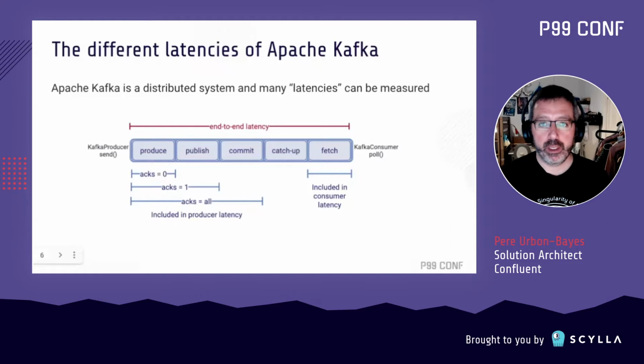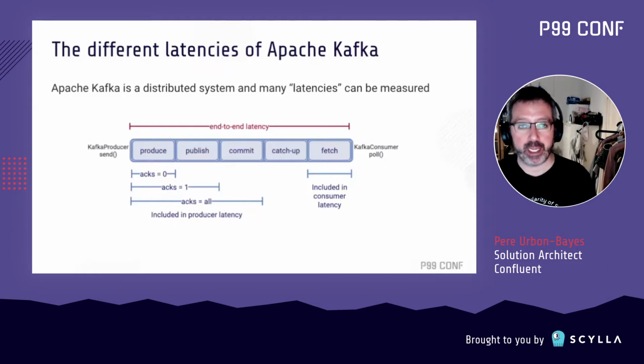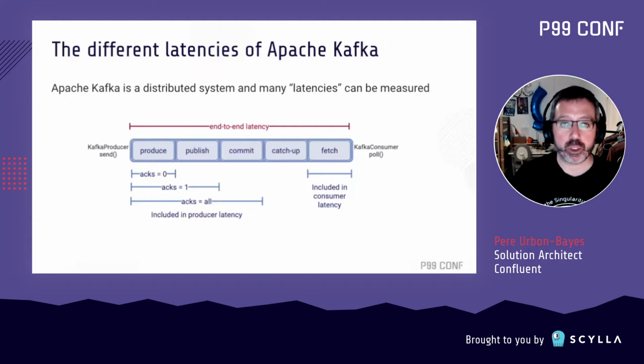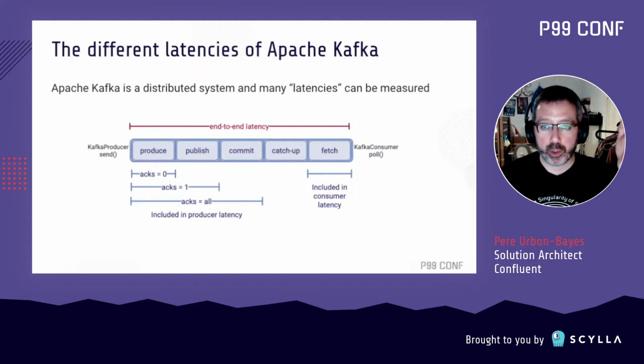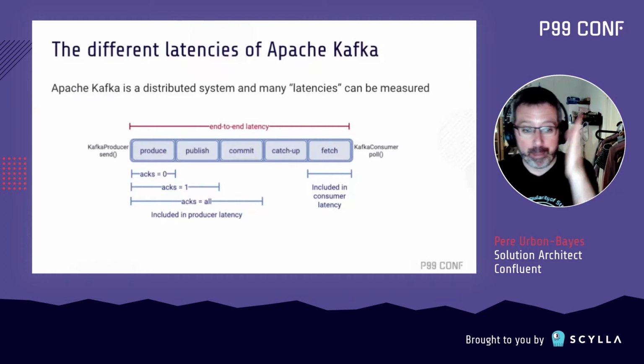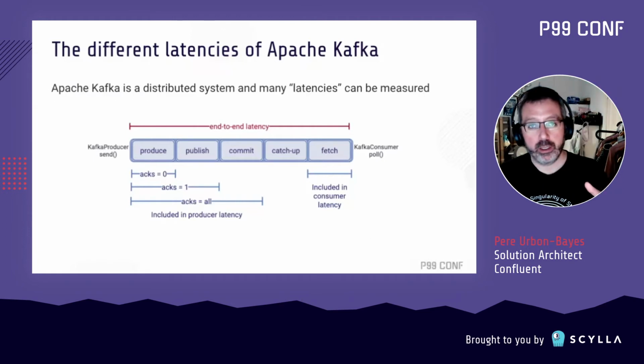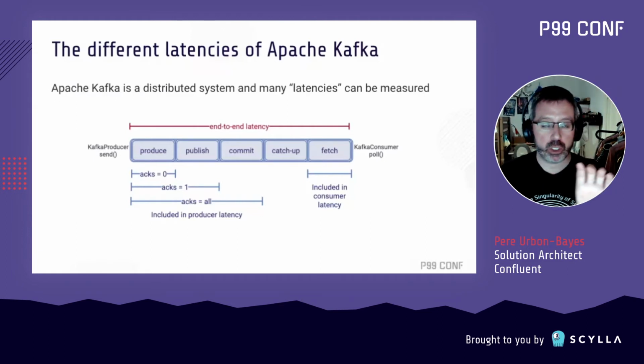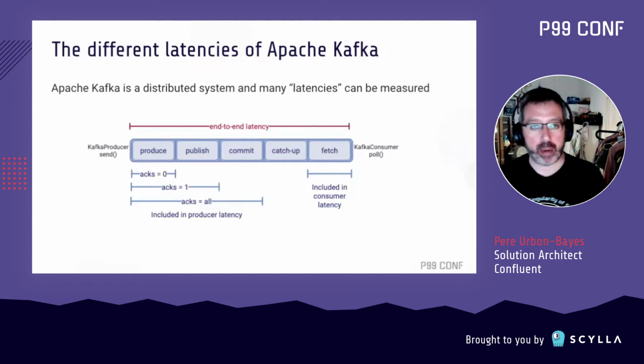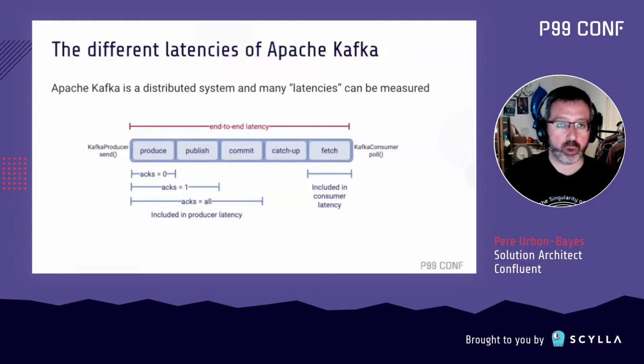The other latency is the publish latency, the publish time. It's the time to send these records from the producer to the broker and append the record into the log. So we have produce time, which covers send, batching and sending, and publish time, the time to send into Kafka and actually be appended into the broker.